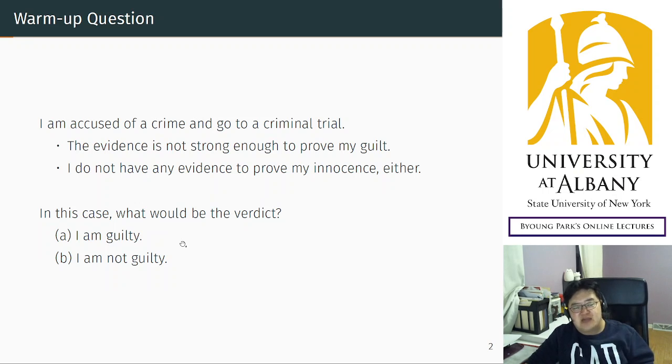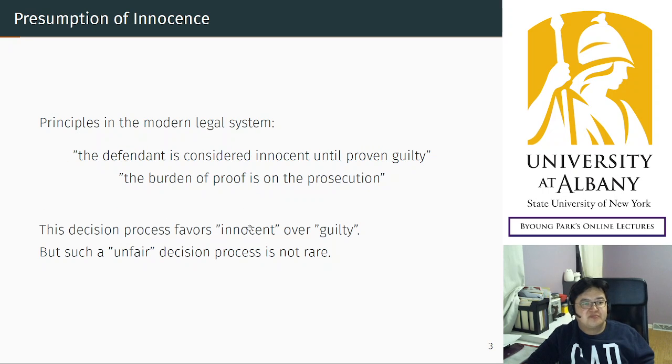That's the modern legal structure. The defendant is considered innocent until proven guilty. I do not need to prove myself innocent. The burden of proof is on the prosecutors, right? So if I don't say anything, I may still be judged not guilty, right?